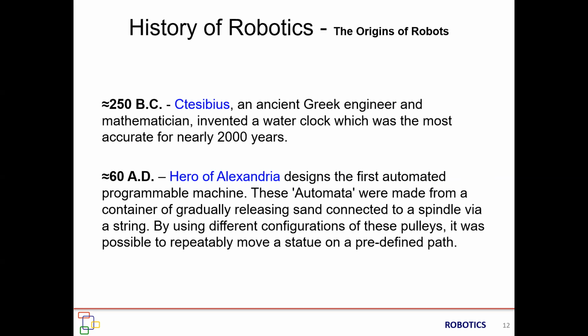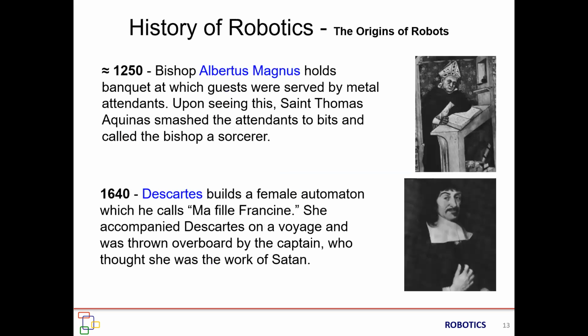The basic one is your water clock, which was done about 2000 years back. The water clock and all these pulley systems were the basic robotic automation done years earlier. From time to time, they had different automations.